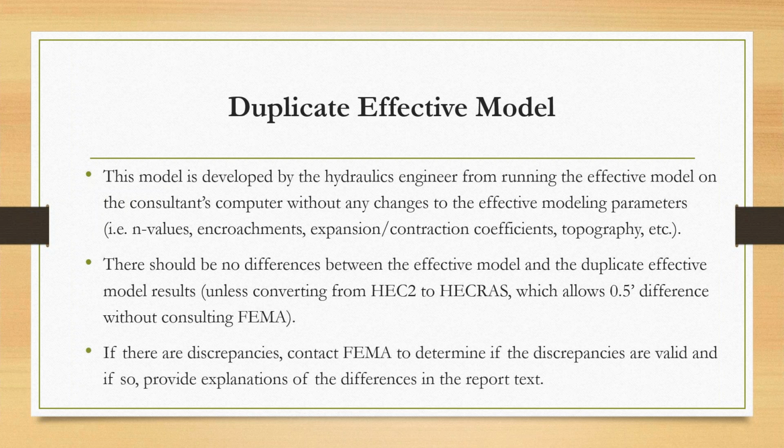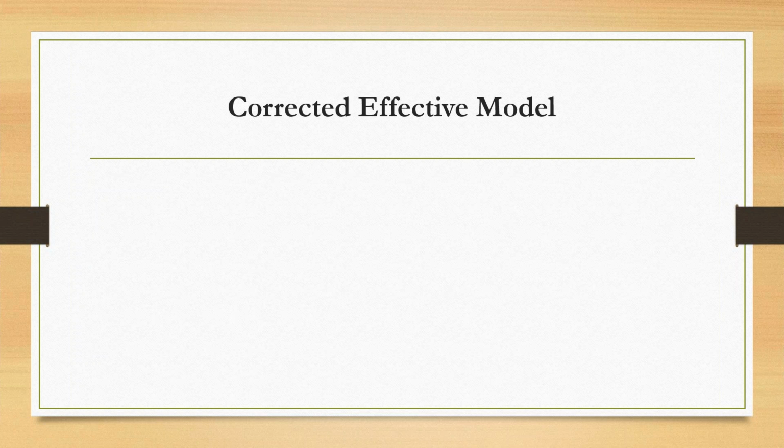Sometimes, as everybody knows if you've dealt with HEC-RAS, we just get a model that doesn't act right. Where we have some significant differences and discrepancies, we can go to FEMA, and if we can get their agreement that there is a difference here, we can go on with that model that's not exactly the same as the effective model.